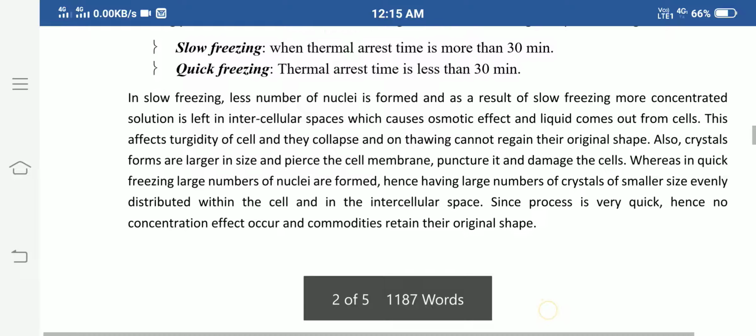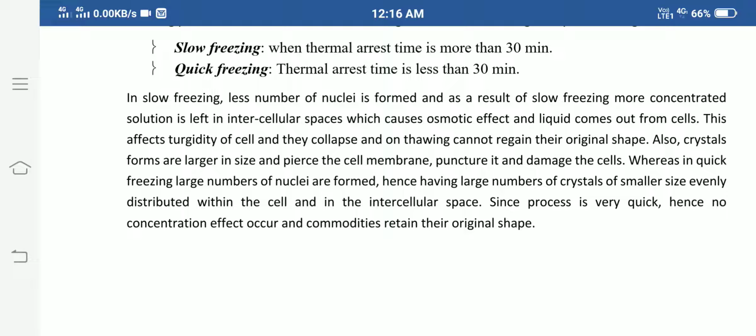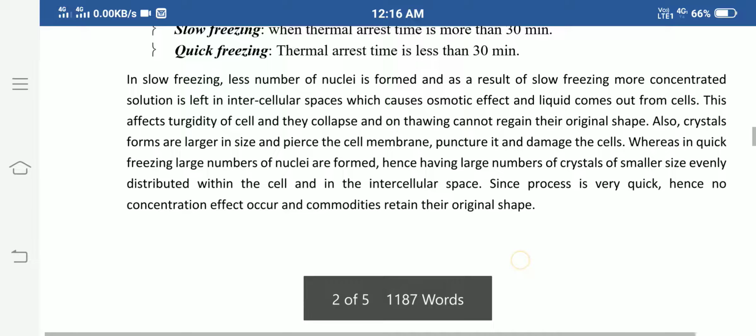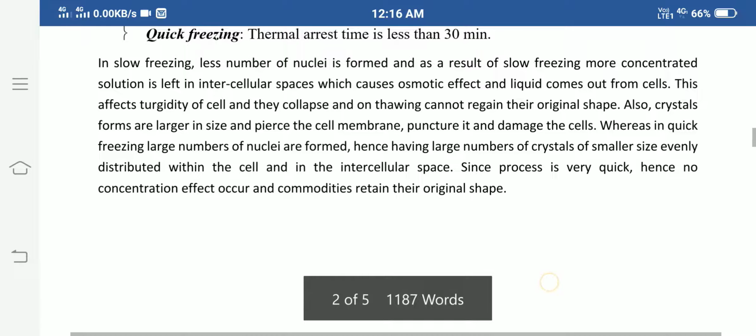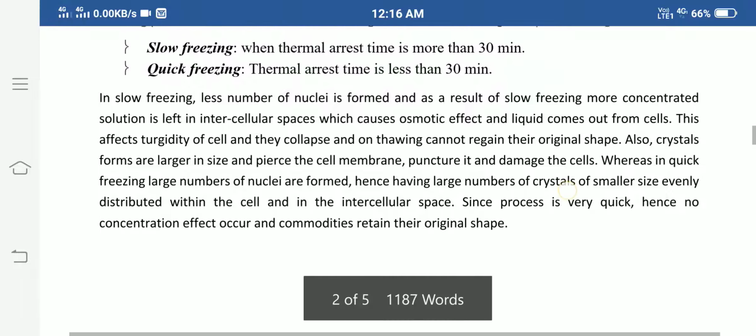But slow freezing is detrimental, the inferior type of freezing in context to quality, and quick freezing is the better process in comparison to slow freezing.